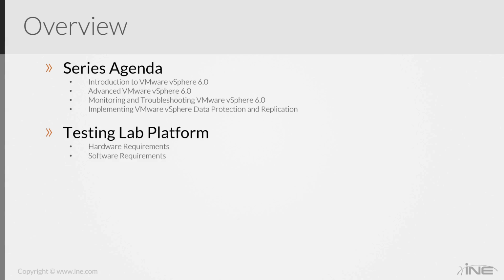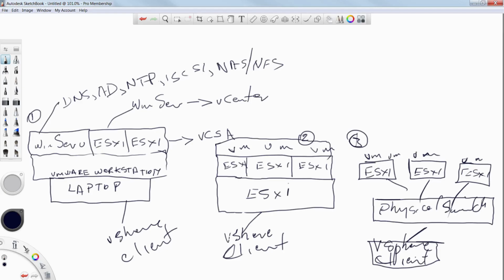So let's make this a little bit clearer. Let me just draw out what our infrastructure could be like to follow along. Okay, I just drew this. We have my laptop here, and I'll be running VMware Workstation on top of this. Then above that, we'll have Windows Server.